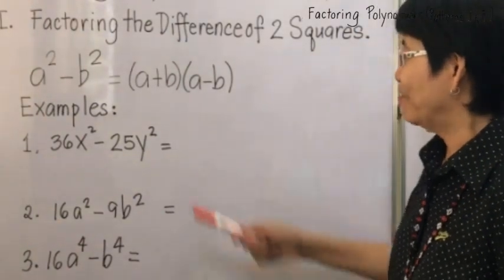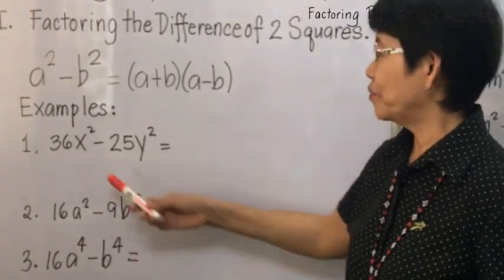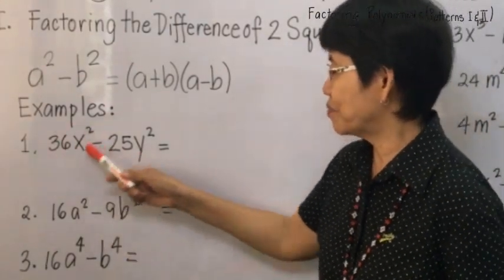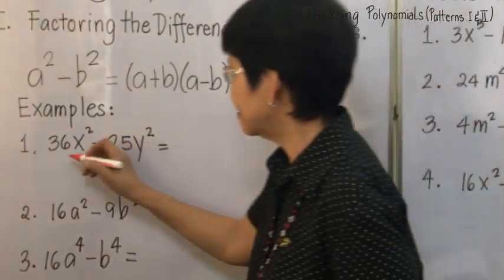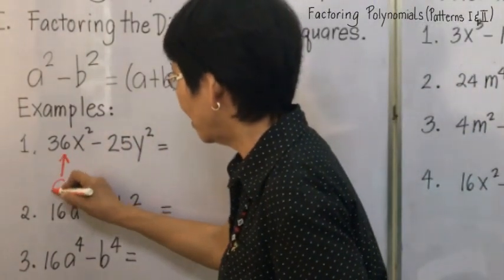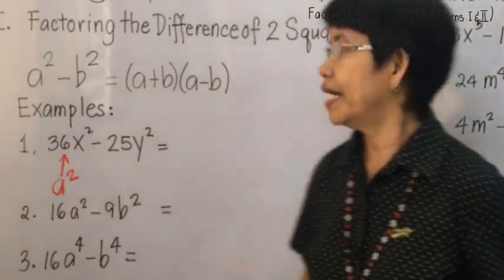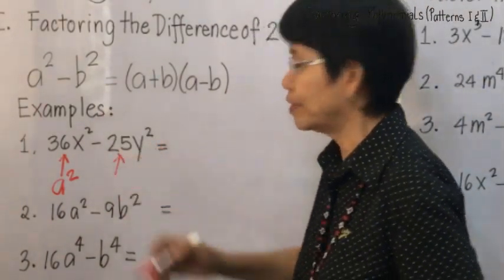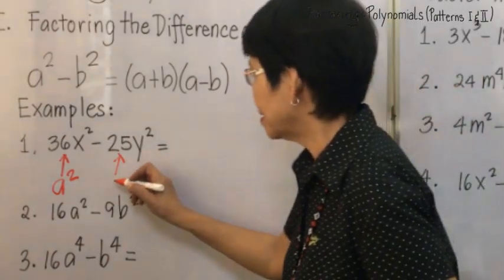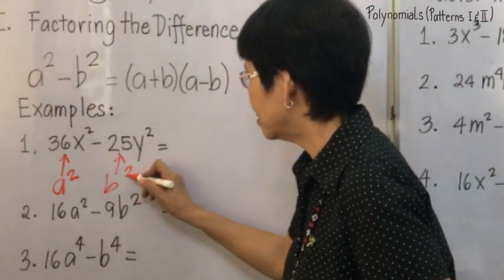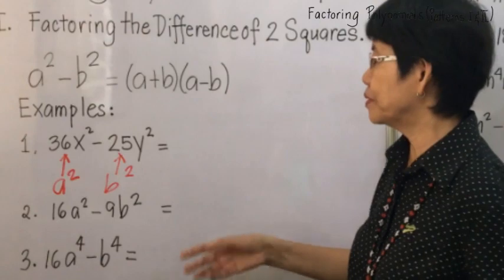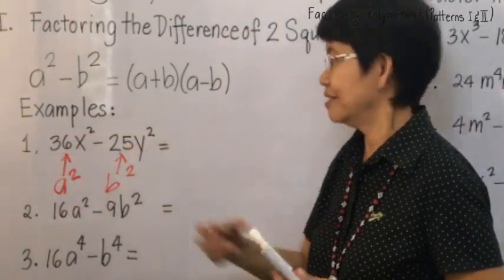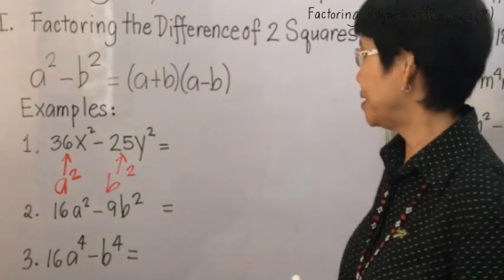So following this formula, we have example number 1. 36 is a perfect square, so this stands for your a squared. And then the b squared is this one, another perfect square, 25y squared. So what we'll do is we'll just get the square root of this one and square root of this one to get the a and the b.